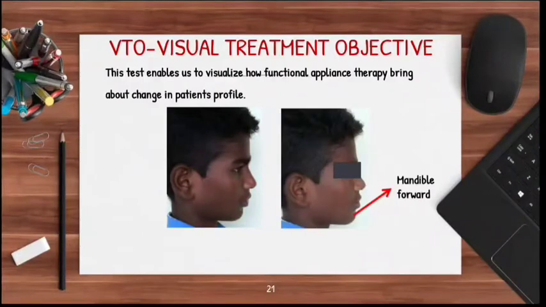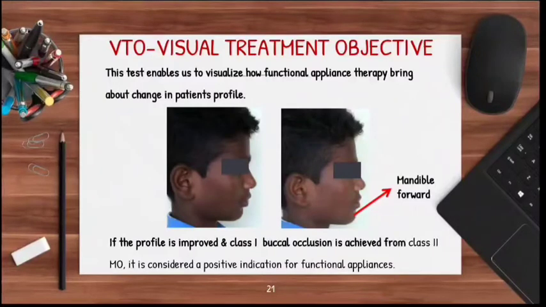Clinically, it is performed by asking the patient to bring the mandible forward. If the profile is improved and class 1 buccal occlusion is achieved from class 2 malocclusion, it is considered a positive indication for functional appliances. In case the patient profile worsens, then other treatment modalities have to be considered.